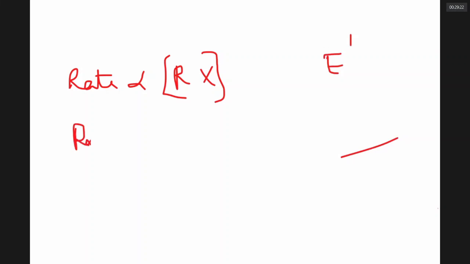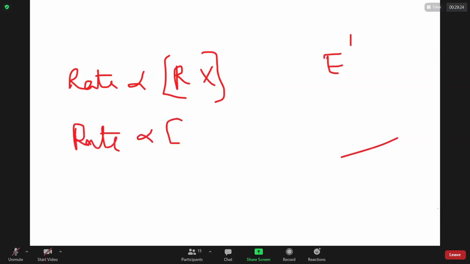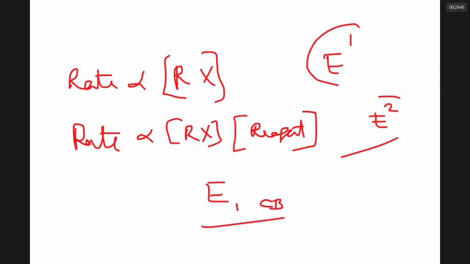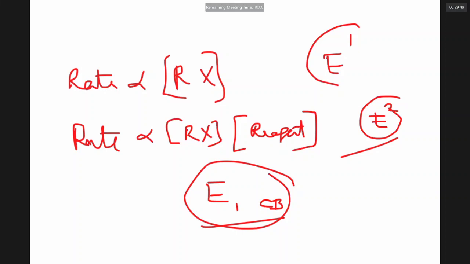If the rate is directly proportional to the concentration of alkyl halide and also the reagent, both influencing the speed, it is called the E2 mechanism. There is a third mechanism called E1CB. These are not given in the NCERT book, but they are definitely to be learned, so we will study them once we complete the NCERT book thoroughly.